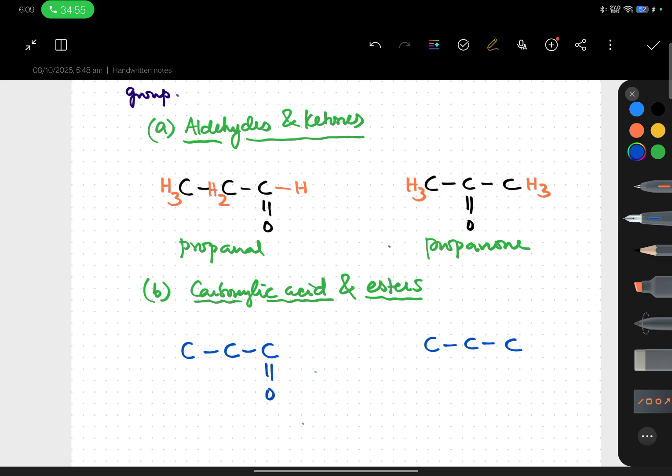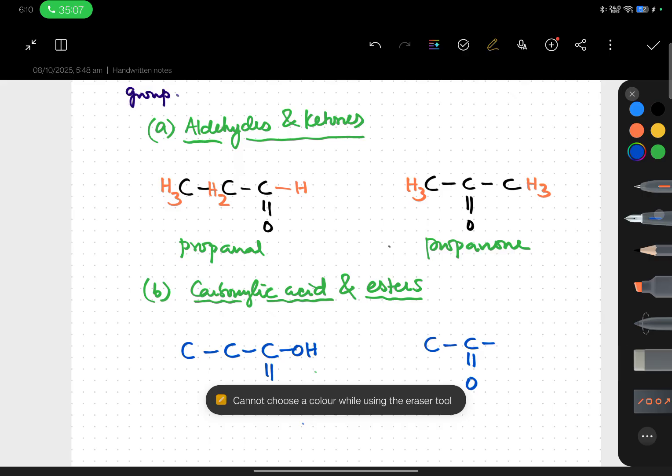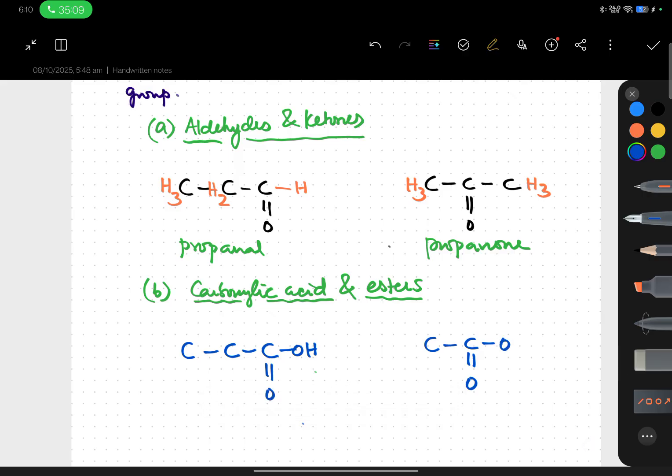So C double bond OH. I'll put the C double bond O here and put the other O here, and then the other carbon like that.